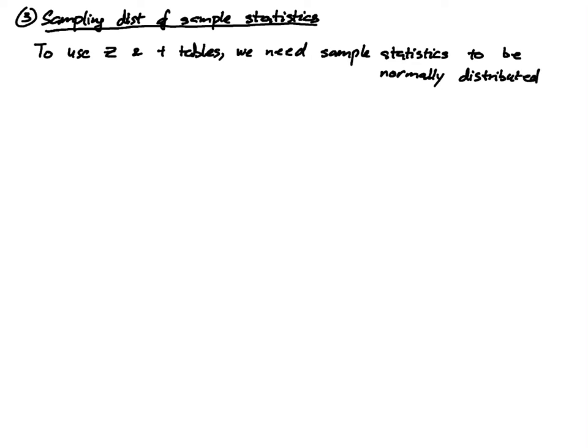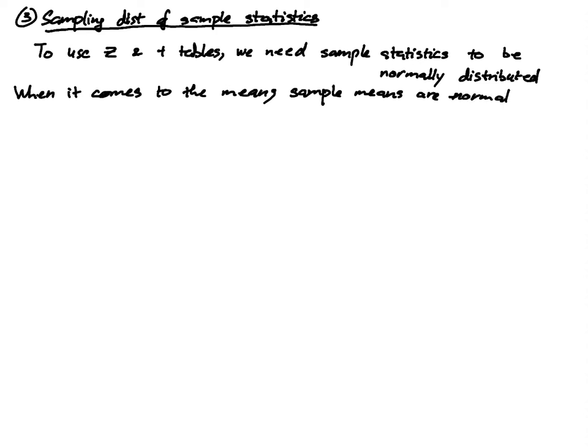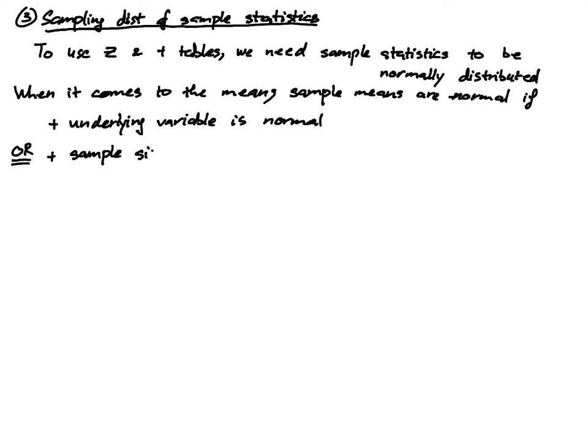Now, when it comes to the mean, which is what we've been looking at, sample means are normal if either the underlying variable is normally distributed, or if the sample size is sufficiently large.